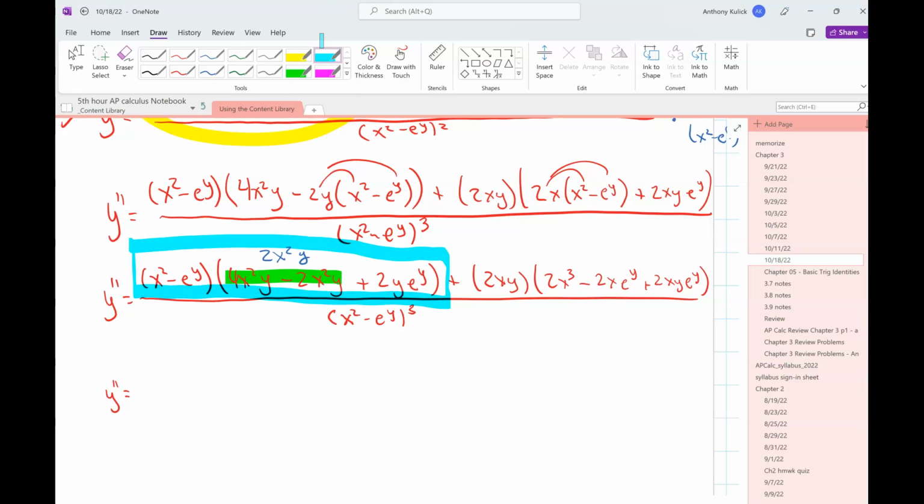So now that has to FOIL, but this one I can just distribute, which is a relief.